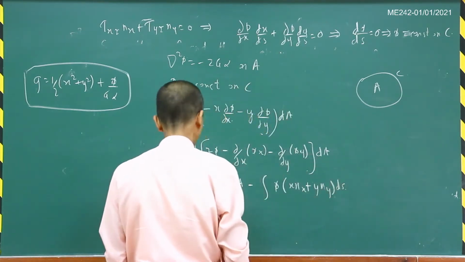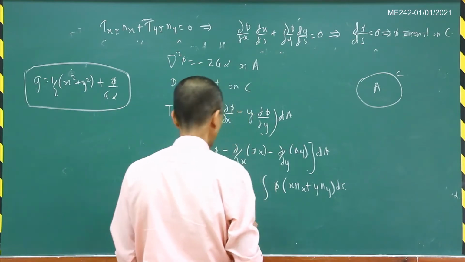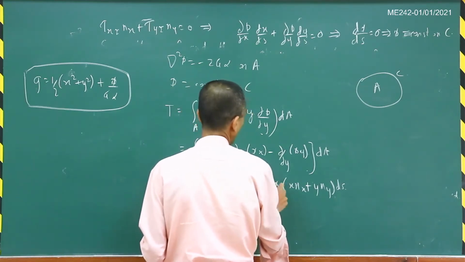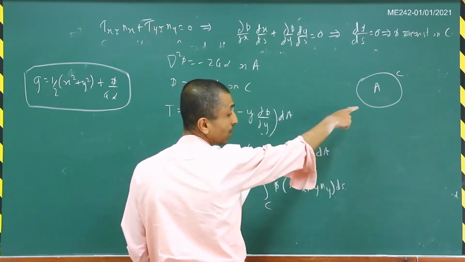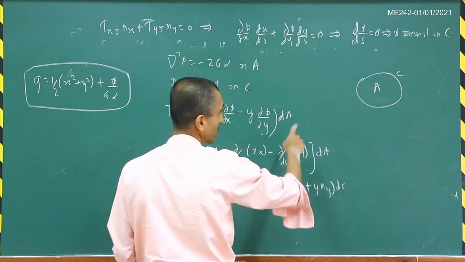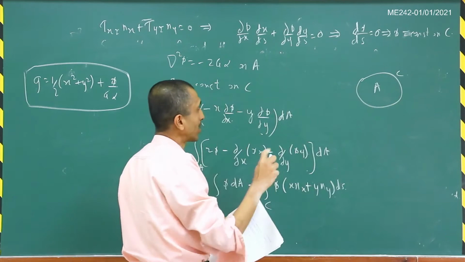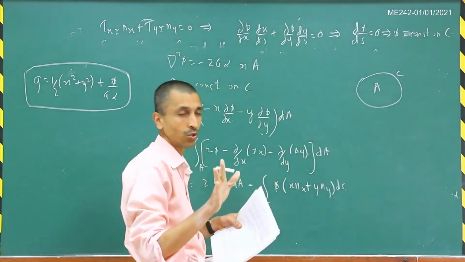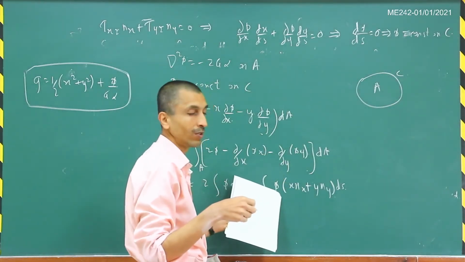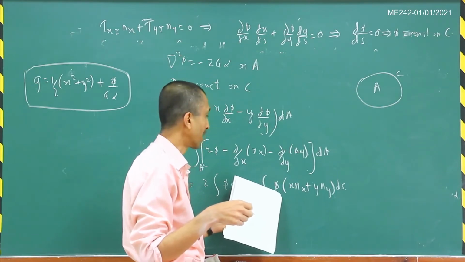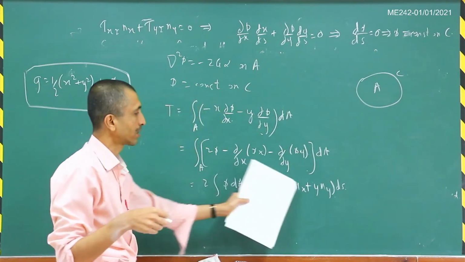Again, if you take a simply connected domain, then we know that phi can be taken as 0 on the boundary, because there are no holes and just the outer boundary, and the constant can be chosen to be 0. So you will have phi equal to 0 for a simply connected domain, and so this integral will vanish.